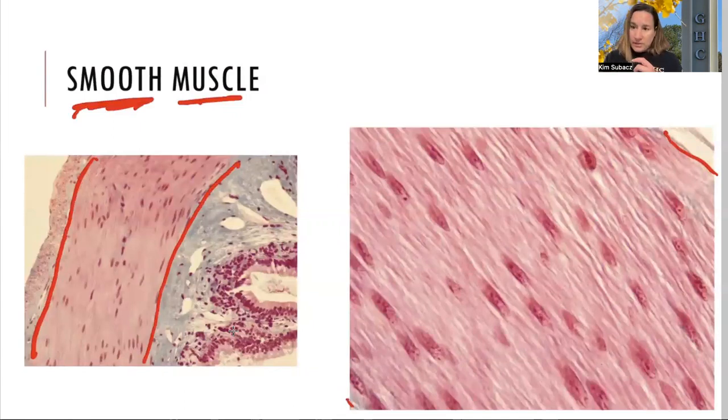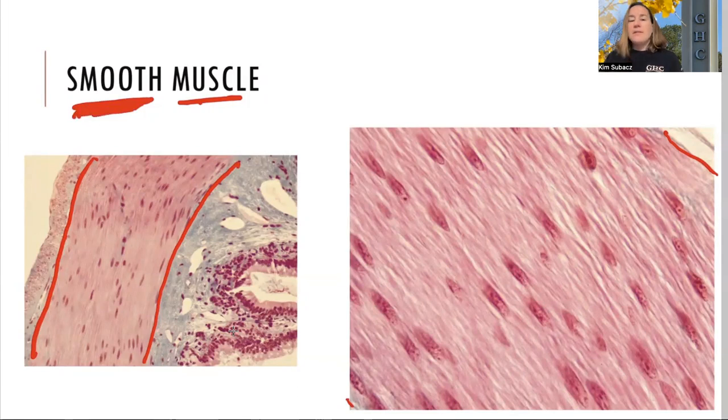Smooth muscle does not have striations. It still has the myofibrils, it still has actin and myosin, but those aren't linked up to make pretty little lines of dark and light over and over again. They don't do that. They do have muscle fibers and they will connect, but they don't connect in pretty little lines like that. They're kind of strangely spaced, but they're little dense bodies. That's for lecture. But do know for lab, no striations. That's why they're called smooth.